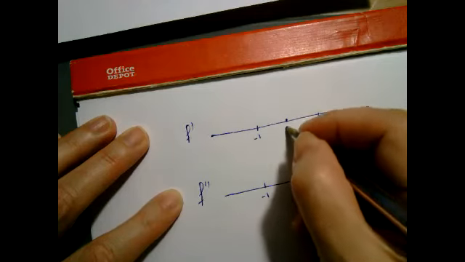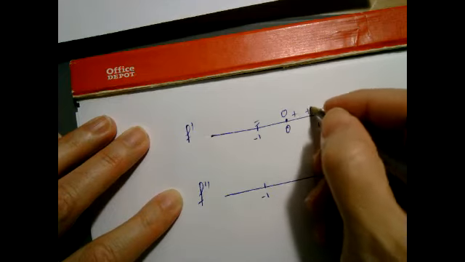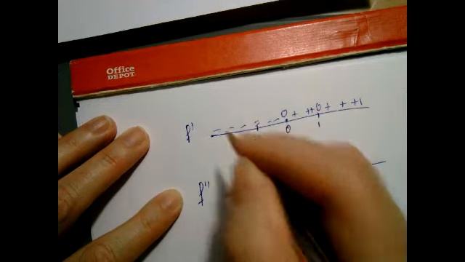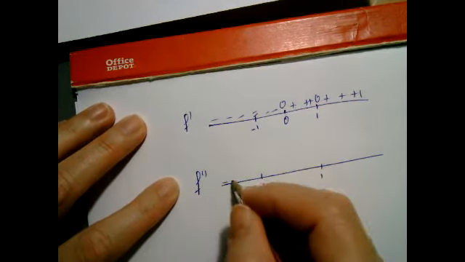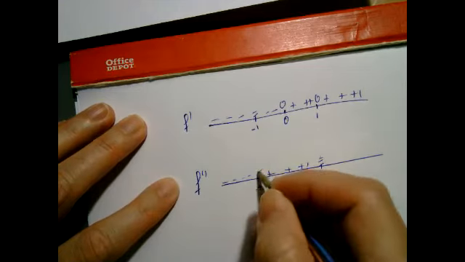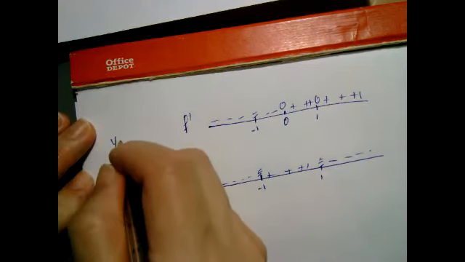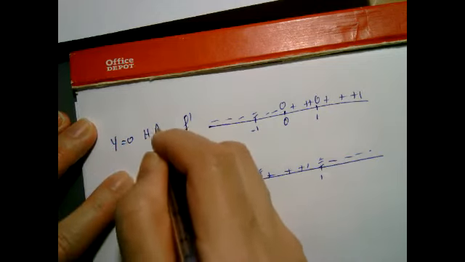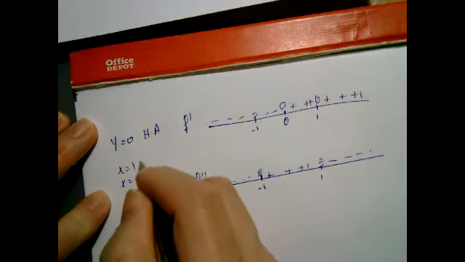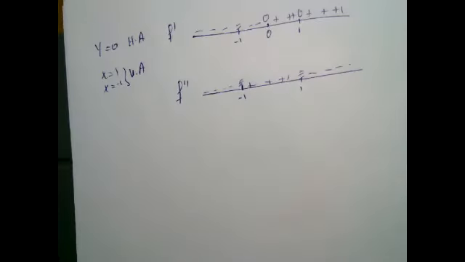The f double prime is negative, and it's positive, and it's negative, and here it's not defined. So I'll put them both. And then what info do I have? Y equal to 0, horizontal asymptote; x equal 1, x equal -1, vertical asymptotes. So I put all that info in front of me and I proceed.